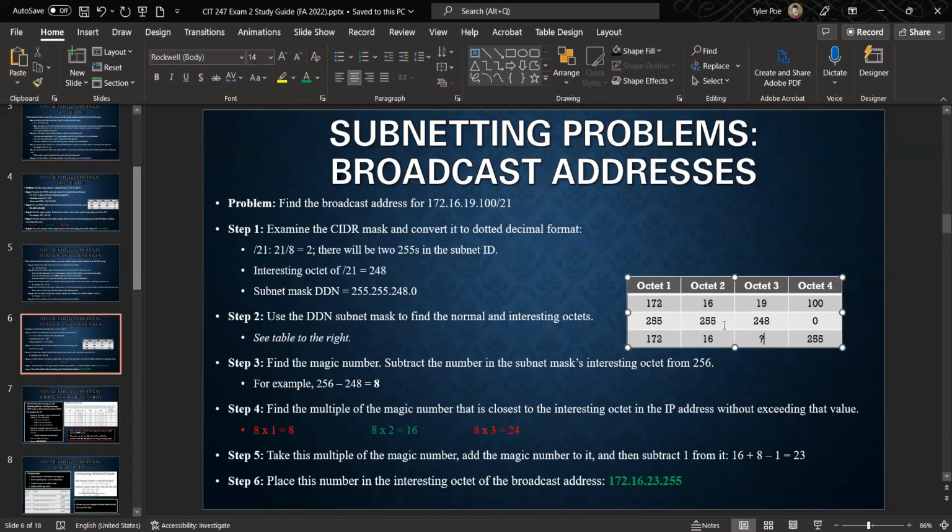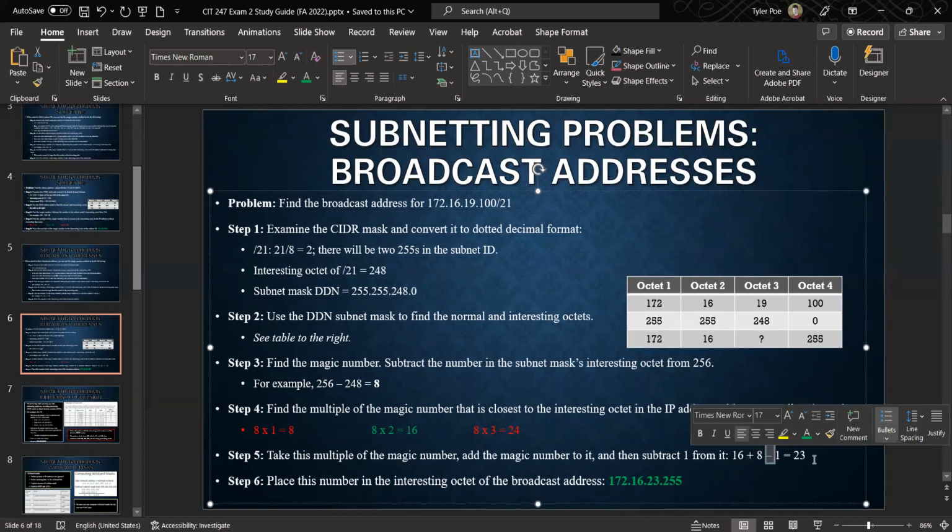The interesting octet rules still apply. We find the magic number from the dot decimal notation mask, then we find the multiple of it that either equals or is less than the interesting octet number in the IP address without exceeding that number. Then we take that number, which is 16 in our case, add the magic number to it, subtract 1 from it, and we get our interesting octet.